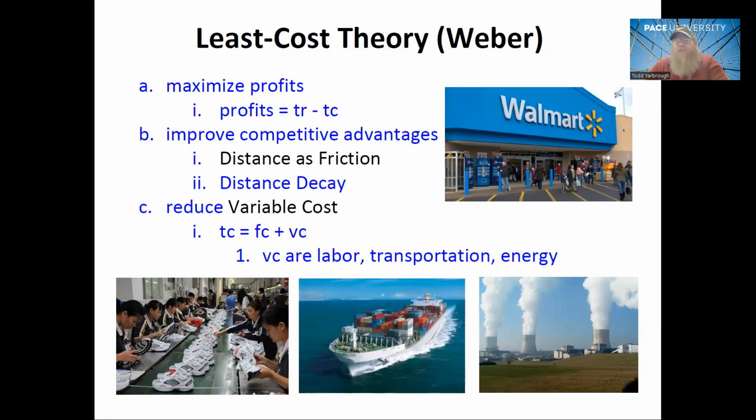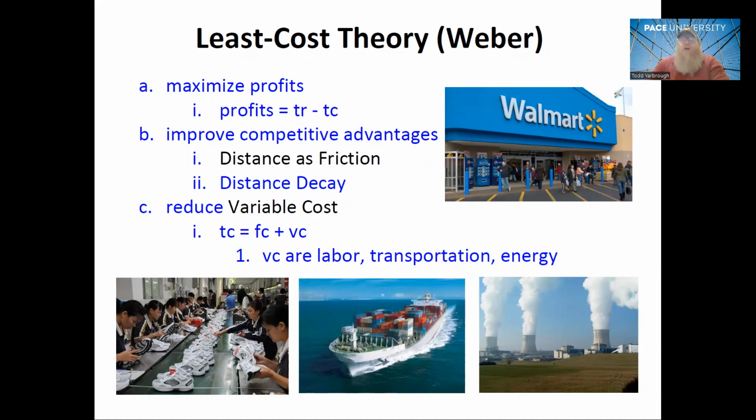So that's a unique modern phenomenon, the goal of businesses to not only grow profits but also to grow market share. And you can grow profits without growing market share if you're reducing cost, right? But if you reduce your cost and you take advantage of competitive advantages, specifically issues related to distance as friction.